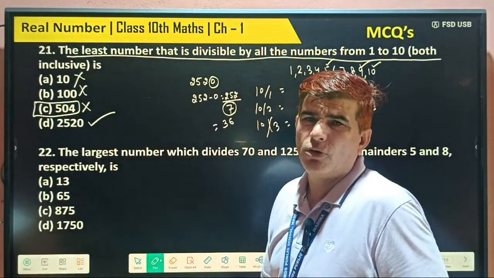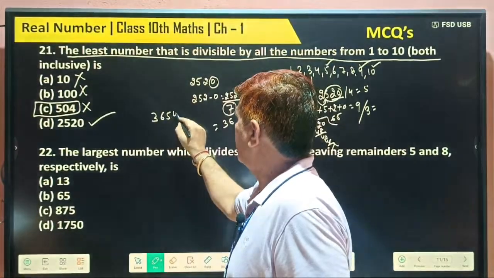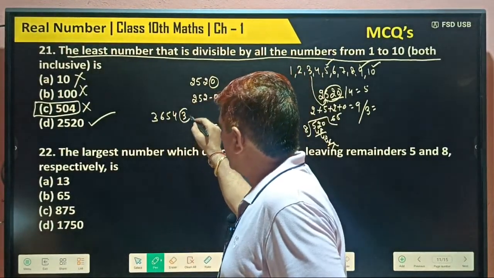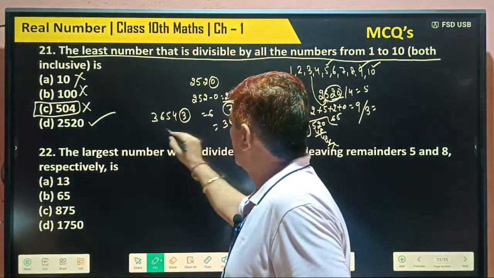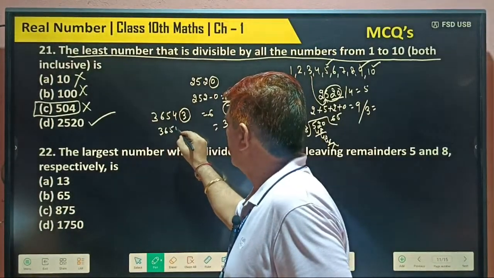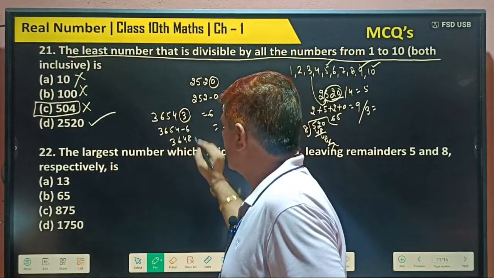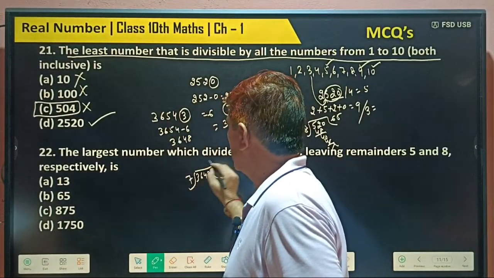The problem is mainly in this divisibility rule. What's the divisibility rule of 7? Say the given number is 365643. Check the unit digit, 3, and double it: 6. So 36564 minus 6 is 36558. Is this divisible by 7?